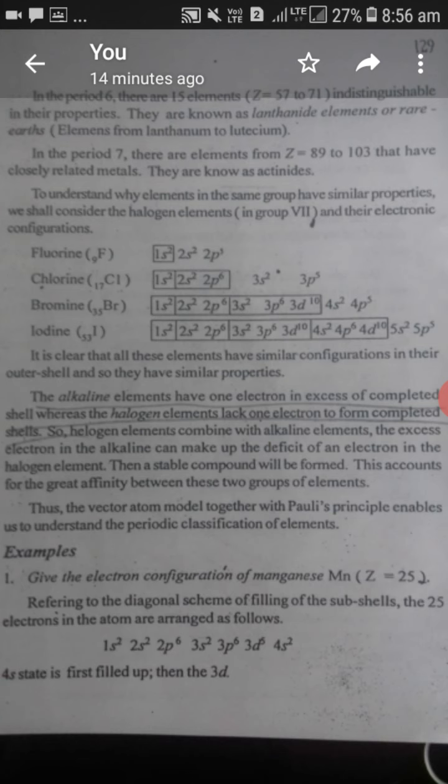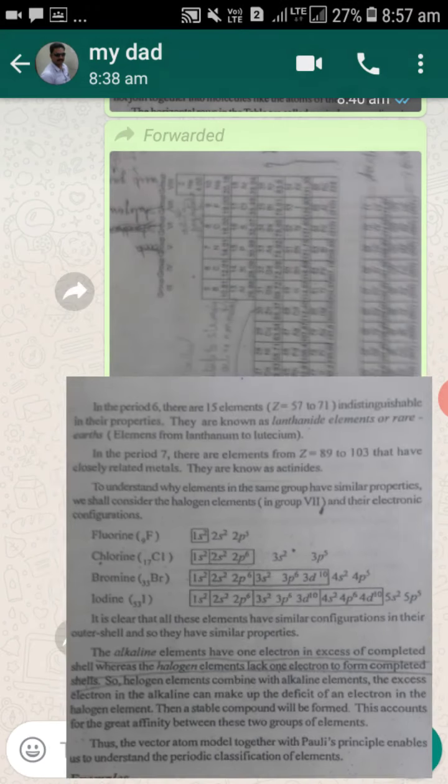So these halogens combine with alkali elements, and they form a stable compound. Thus, this vector atom model, together with Pauli's exclusion principle, enables us to understand the periodic classification of elements.